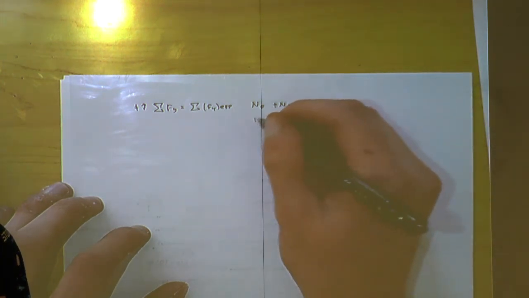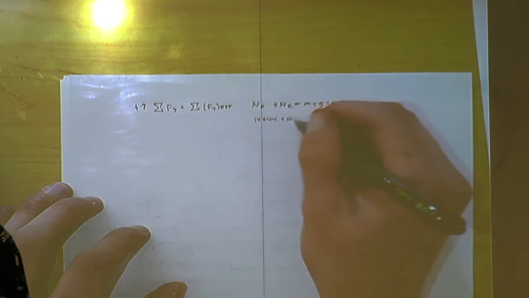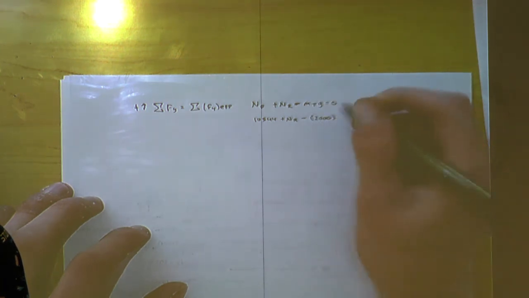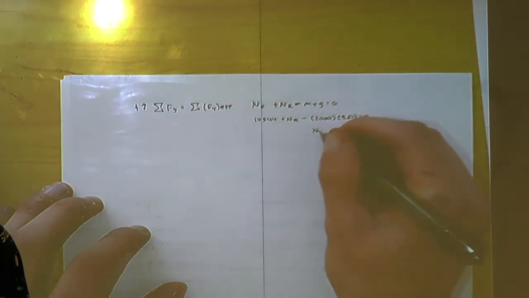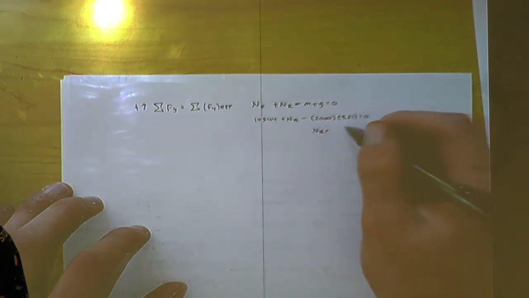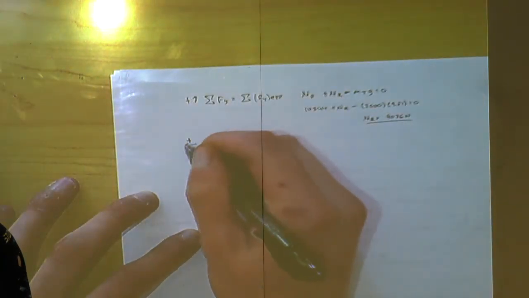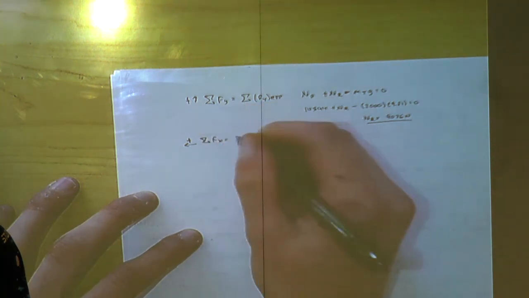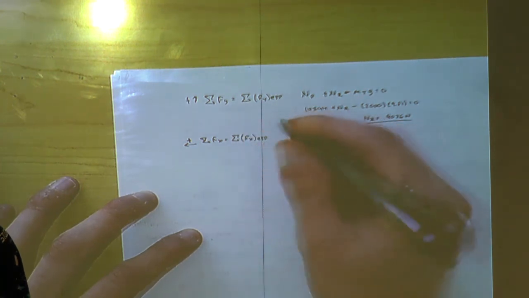So plug in what we just found for the front, plus NR, minus the mass of 2,000 kilograms times 9.81 equals 0. And that gives us an NR of 9,076 newtons. And the sum of the forces in the x direction is equal to the effective sum of the forces in the x direction.